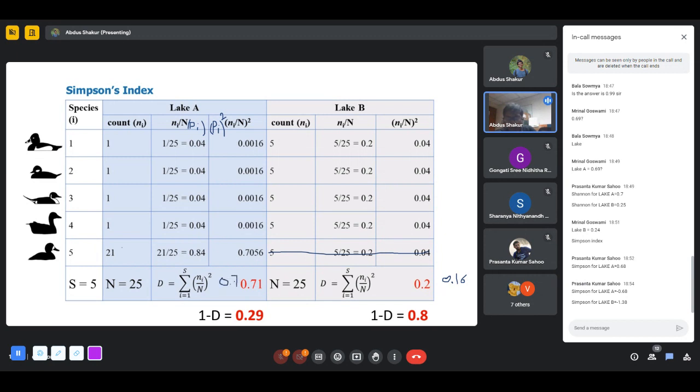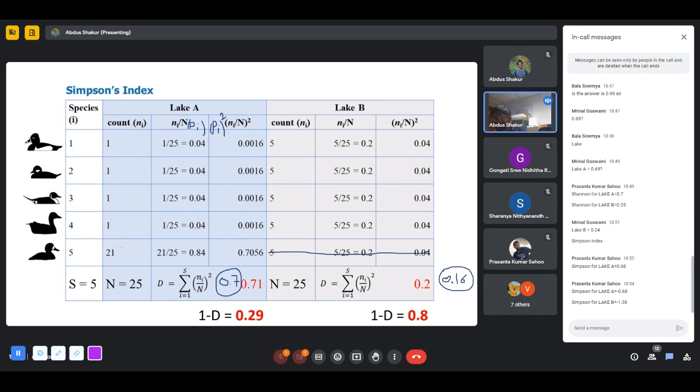But since I was saying earlier about the diversity, as you can see, there are 21 individuals of this species, but you are getting a 0.7 value, which is a higher value. This is a case of low diversity. But here, high diversity and high evenness, but your value is so small.